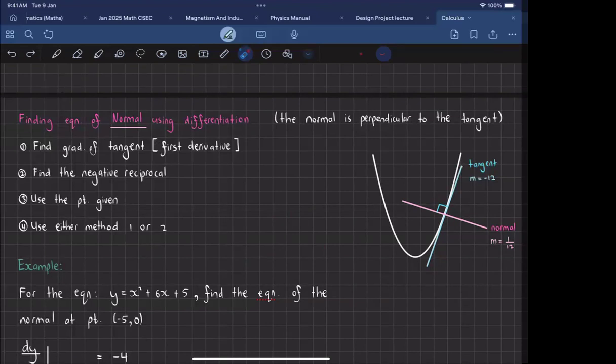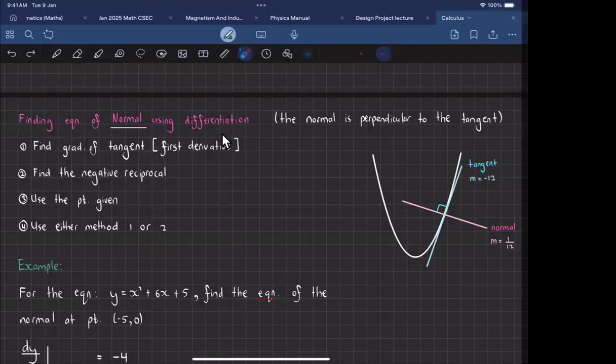Negative 4, right? And if the gradient of that is -4, what would the gradient of the normal be? So you change the sign and you flip it. If we change the sign from -4, it becomes 4, right?